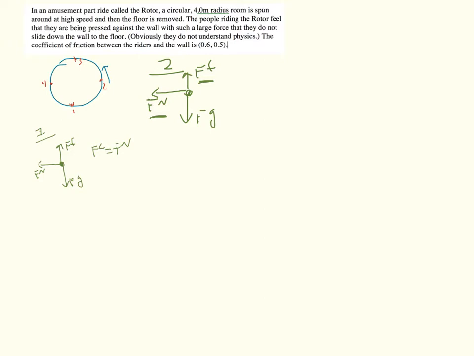So if we wanted to figure out what speed the rotor needs to move at in order for the average person to not fall, what we'll use here is that the sum of the forces in the y has to be equal to 0 for the people to stay constant, and the sum of the forces in the x must be the centripetal force. So Fc, which must equal mv squared over r.